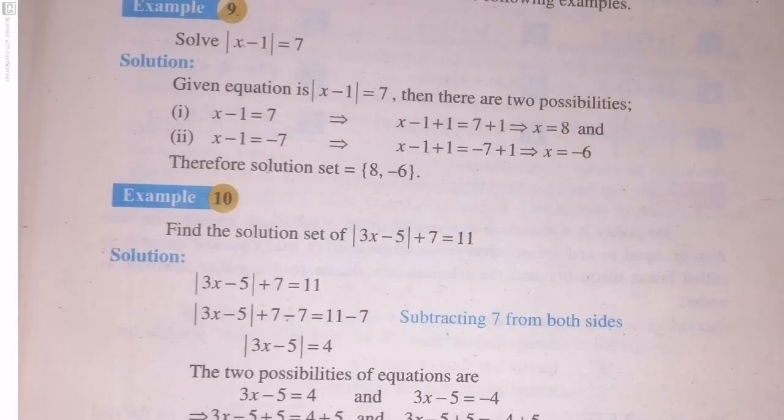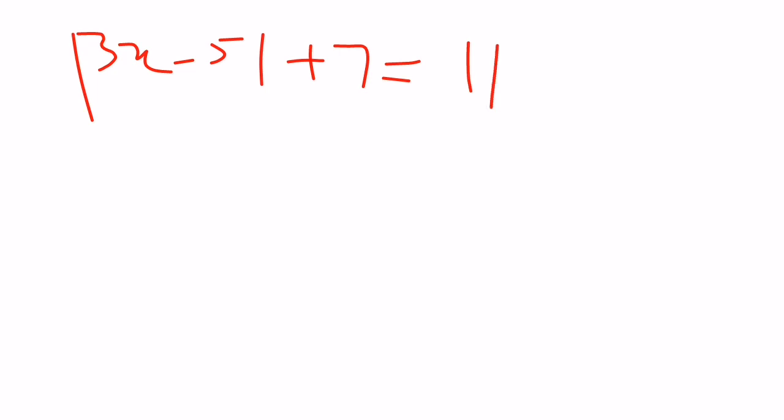Now in the second case, |3x − 5| + 7 is equal to 11. First we have to simplify this form: |3x − 5| + 7 is equal to 11.